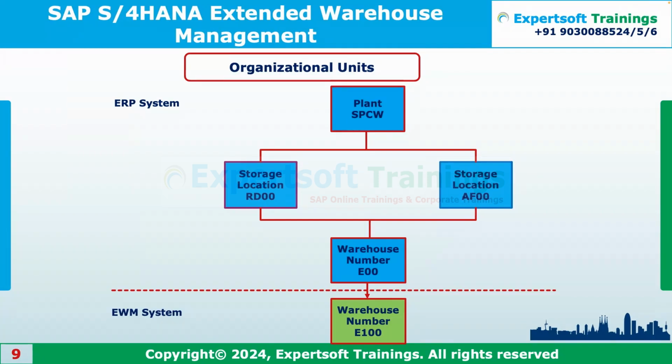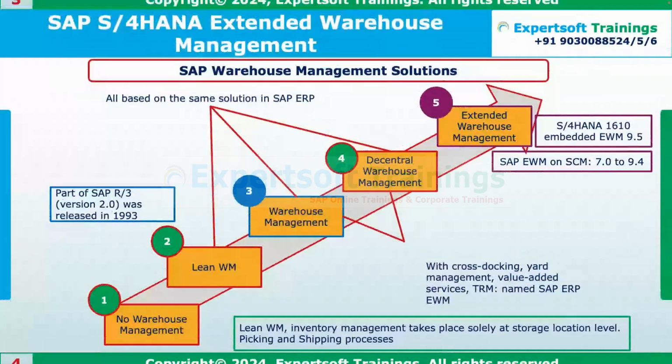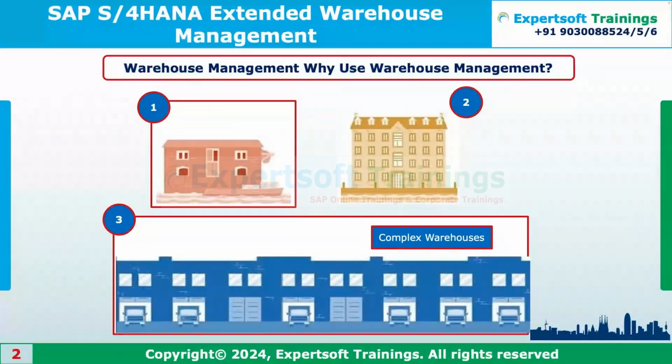Now, in our first slide we discussed three types of warehouse. Let's say you are dealing with a warehouse which has a very small capacity, you are not using very complicated processes, and your customer is not willing to pay for any warehouse management solution. They want SAP because they have a manufacturing plant, but they don't want to manage the warehouse because it is very small and the capacity is also very low.